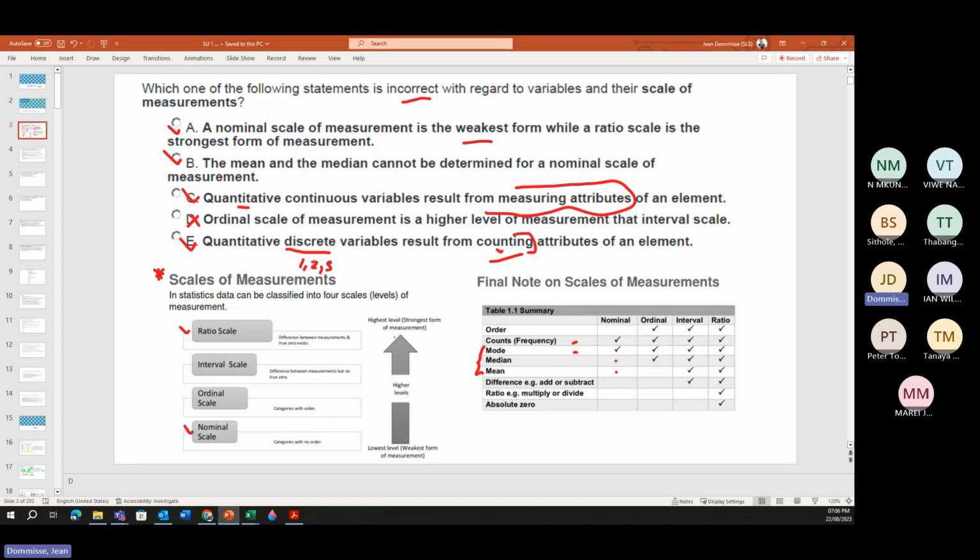Again, for discrete, if I ask in kilograms, how much do you weigh? Then I need to say, well, it is 80, 90, 100, 110, or something like that.